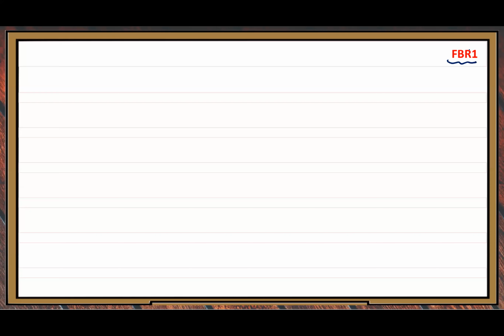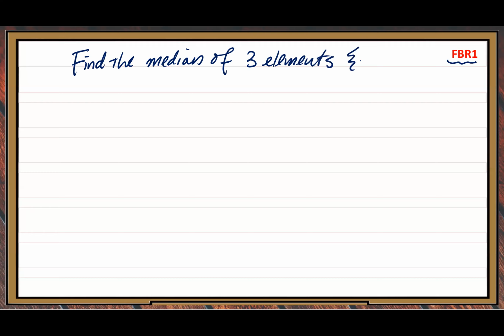Now, the first example is: find the median of 3 elements, x1, x2, x3. That's a simple question. In my grading, I noticed many students had a problem: they give me the best case.